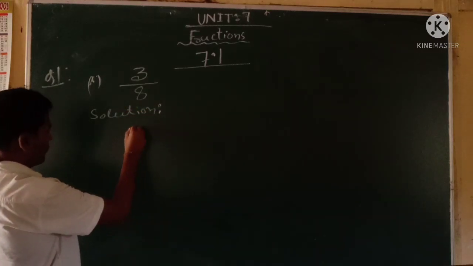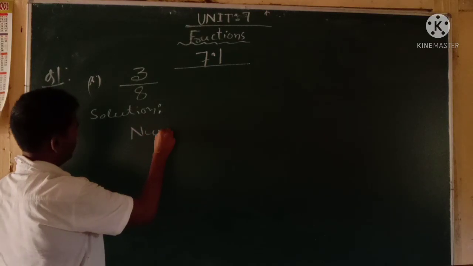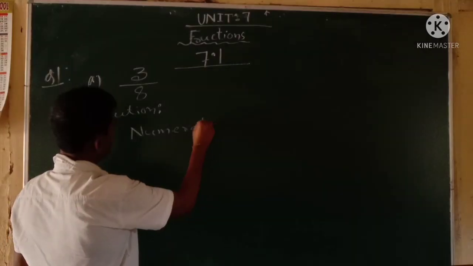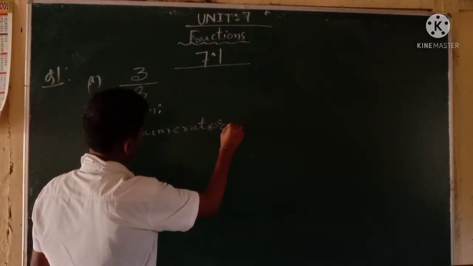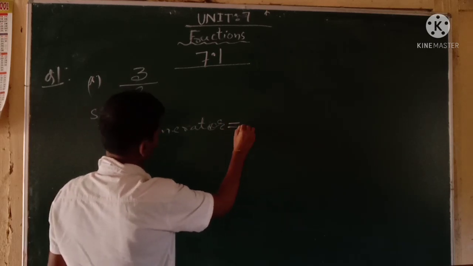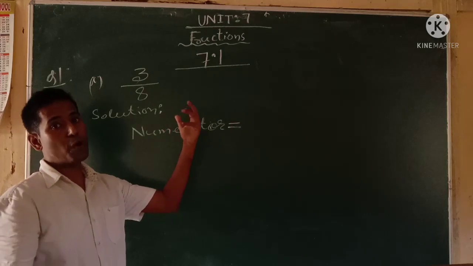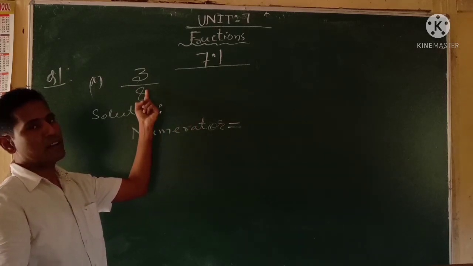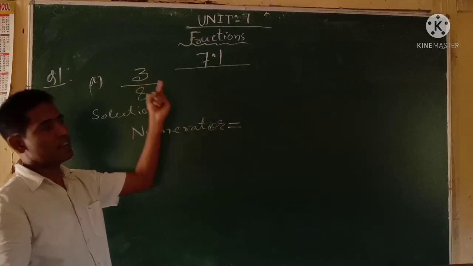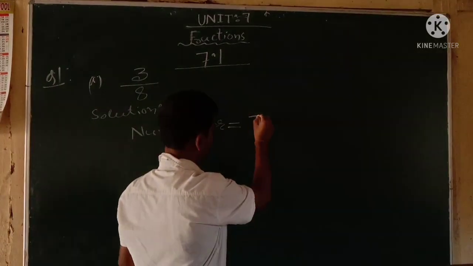Numerator means the number that lies above the bar. Here this is the bar, and the number above the bar is 3, so the numerator is 3.